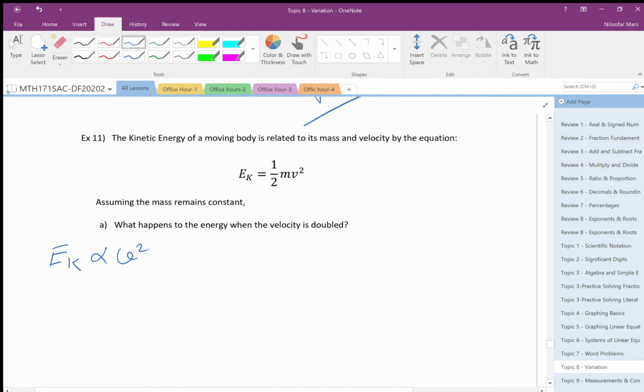Ek is just a constant multiple of this, and the constant is this part. So I don't need to even say 1 over 2m, it doesn't matter, that's just a constant number because the mass remains constant.